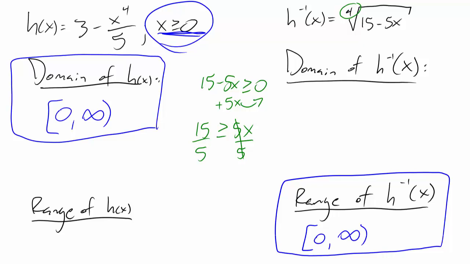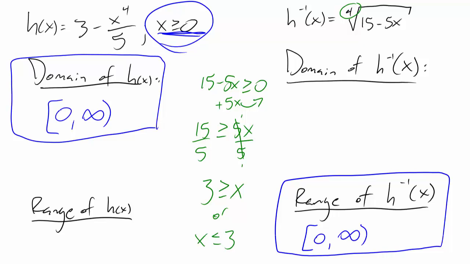Now, since the 5 was a positive number, we don't have to change the direction of the inequality sign, so that leaves us with an x here on the right-hand side. And the inequality sign stays the same, and then we have 15 divided by 5 is 3 on the left side. So we have 3 is greater than or equal to x. Another way of writing that is x is less than or equal to 3.